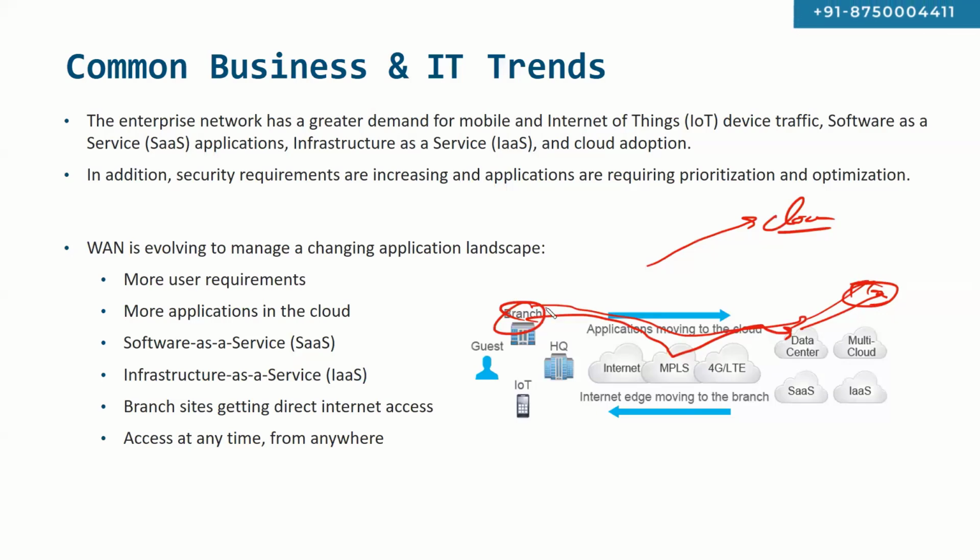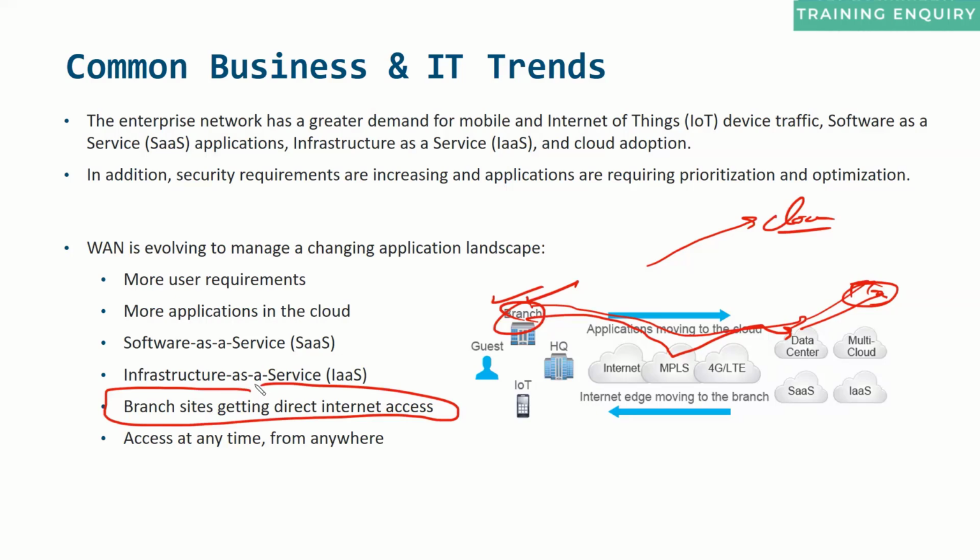So basically, branch users should have the internet available at the branch itself. So the internet is moving towards the branch. Earlier, we had internet connectivity at the data center only, and your internet was secured by the firewall then. But now the internet edge is moving to the branch. The branch itself would need direct internet access.